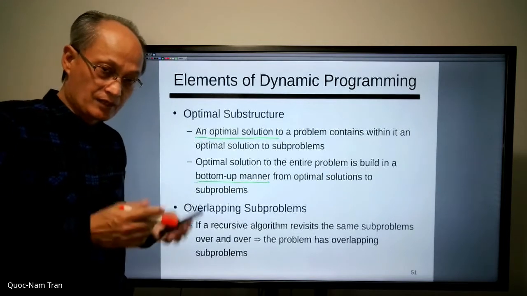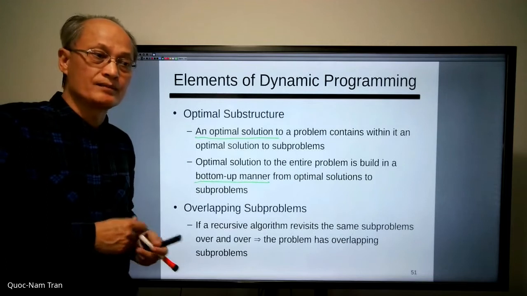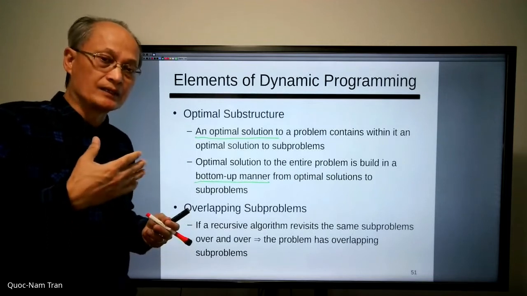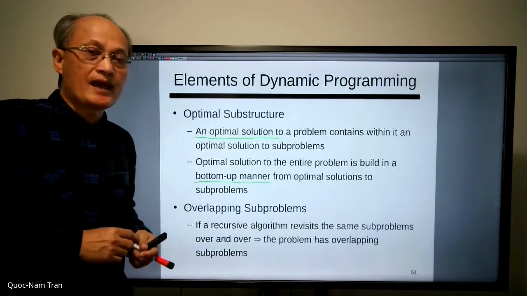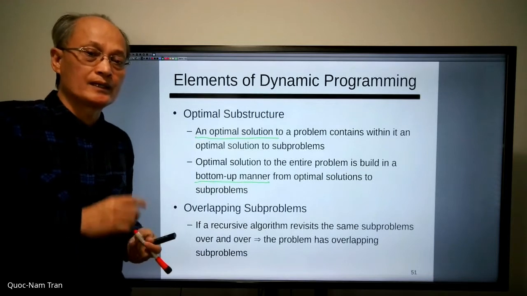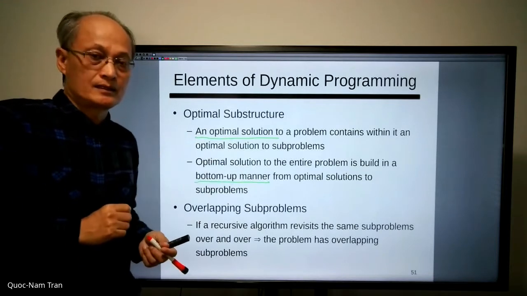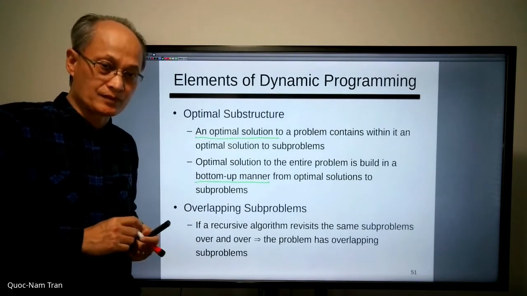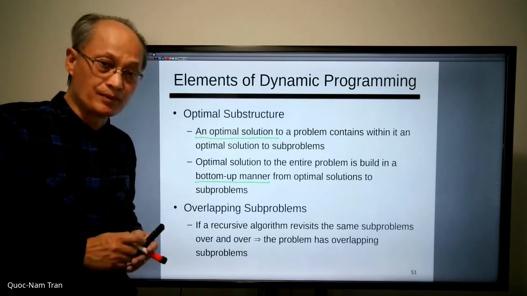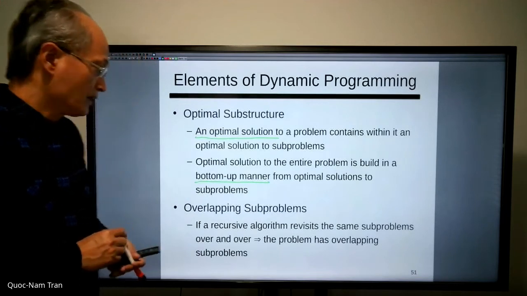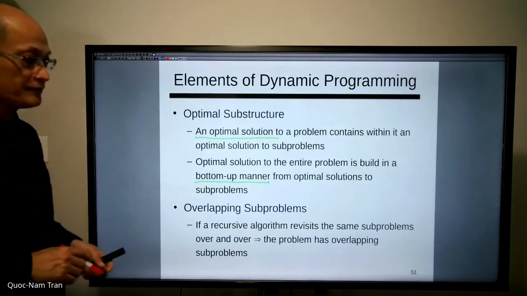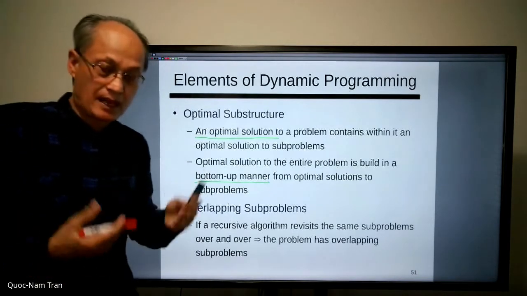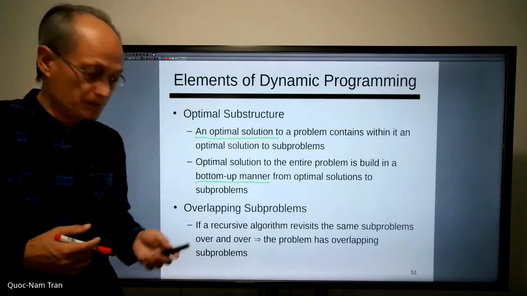If we have the top-down, then we have to use a recursive algorithm, right? And as I mentioned before, recursive algorithms usually have to recalculate the values of some smaller problems multiple times, actually an exponential number of times, right? Okay, that is what we have for how to use dynamic programming.